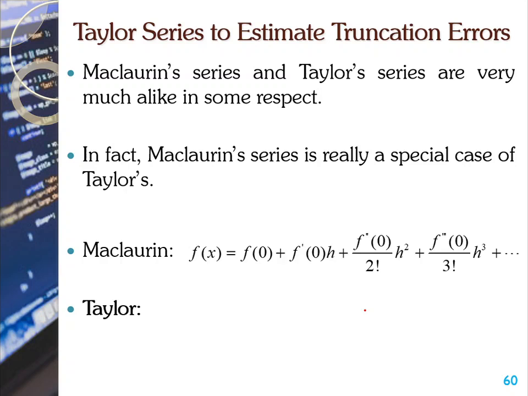So let's take a look at this Taylor series, how we get to come out of that. With this, we are going to make use of a special form of this Taylor series, which is also called the Maclaurin series.